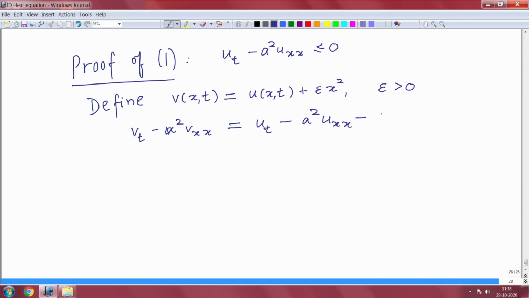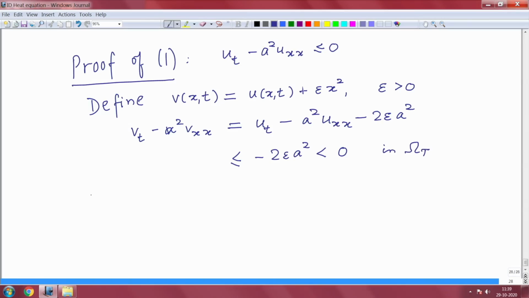So, you get minus 2 epsilon a square, and by assumption this is less than or equal to 0. So, this is less than or equal to minus 2 epsilon a square, which is strictly negative in omega t. Remember that.